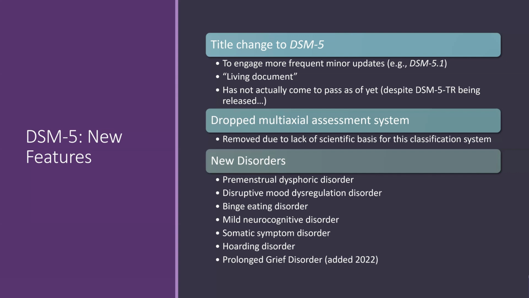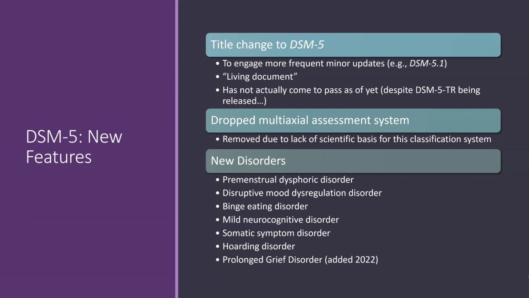However, if you're going to be working in the mental health field, it's still helpful to know about it, because a lot of electronic medical records still have the axis system built into them. So even though we've had the DSM-5 for over 10 years now, I still come across the axis system. And so it's helpful to just know what it is.